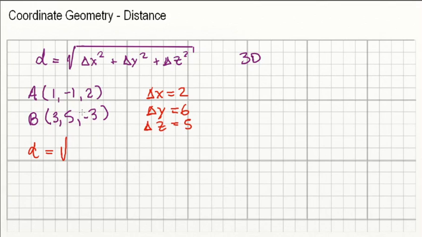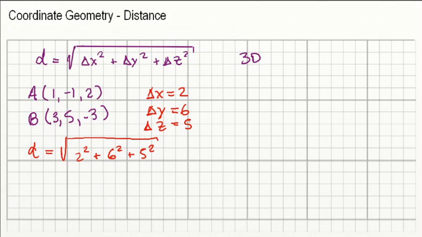Notice that those negative signs, you will add them, right? The distance is larger. It's a really common mistake for students to do 2 minus 3, that's negative 1 squared is 1. That's wrong. So 2 squared plus 6 squared plus 5 squared.